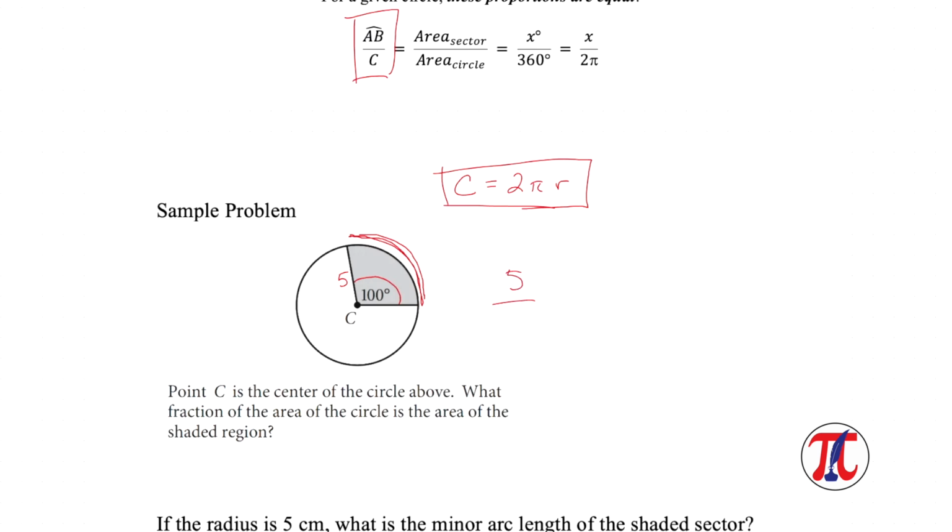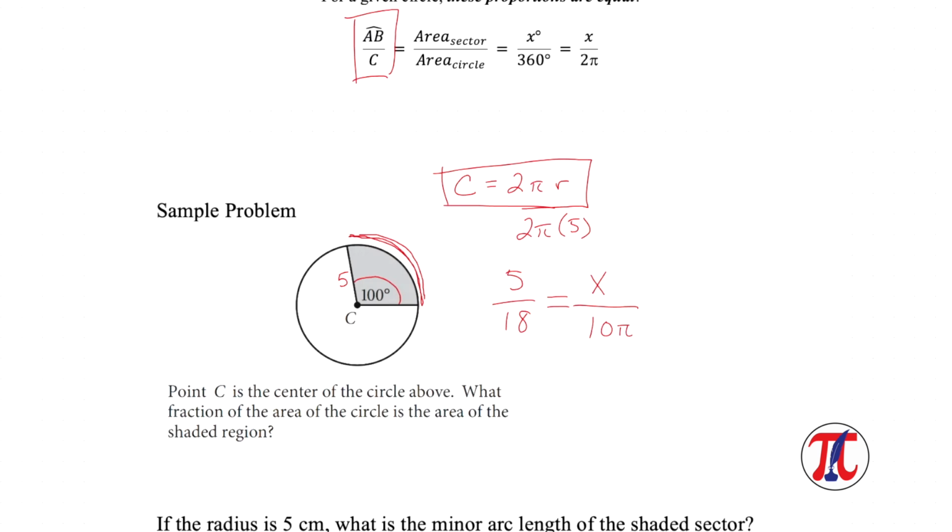We've already figured that out. And that proportion is the same for the arc length. So arc length, I'm going to call it x, in relation to the circumference, which is 2 pi r, well, 2 pi times 5 in this case, so 10 pi.